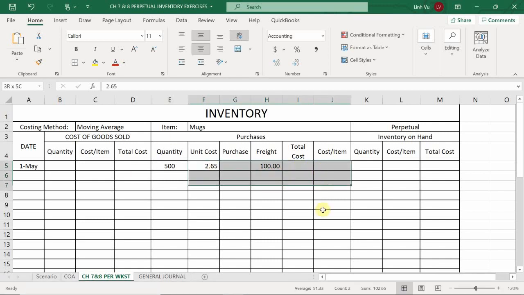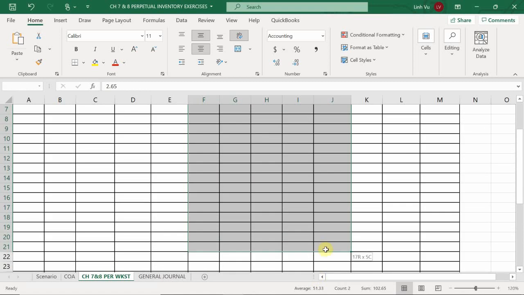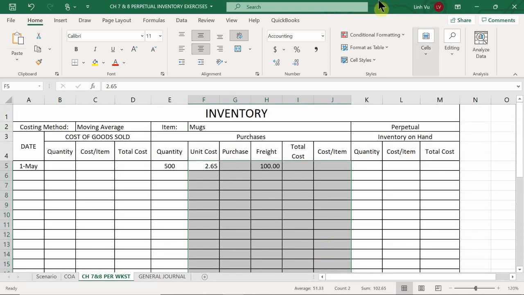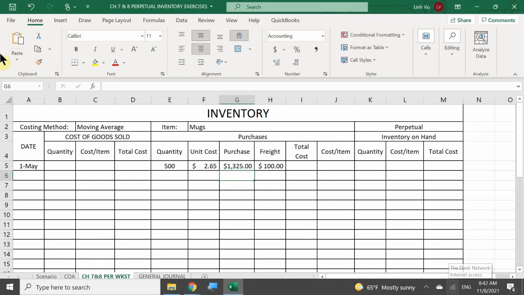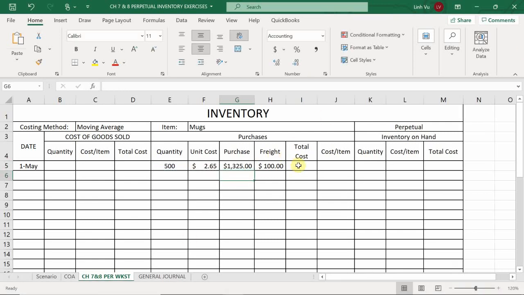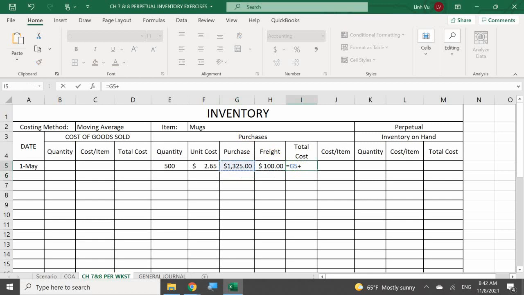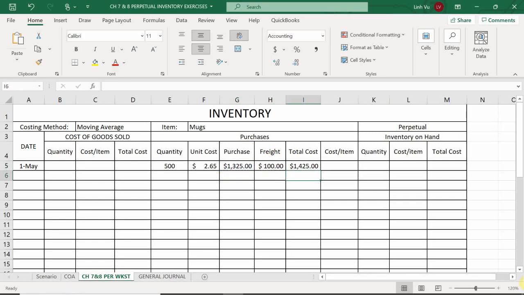So in this case, what is going to be my total purchase price? $1,325 plus $100 freight gives you a total cost of $1,425. Okay.